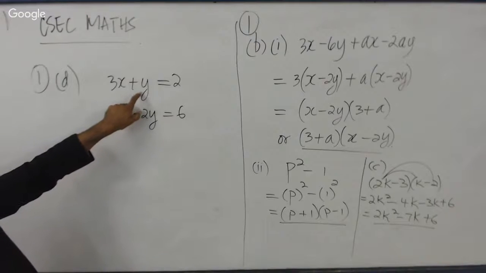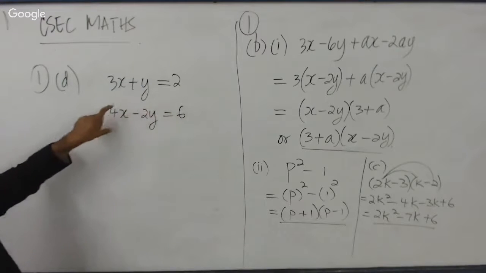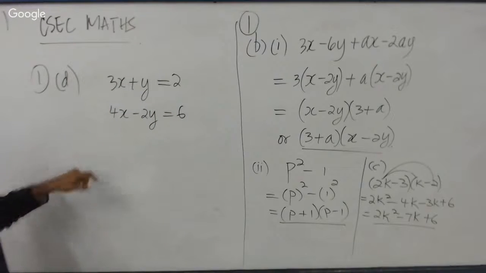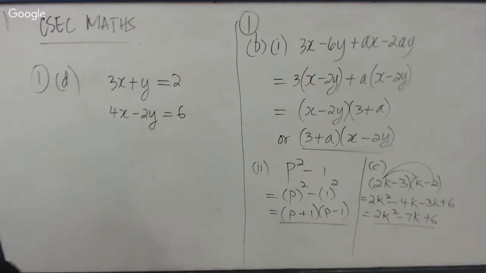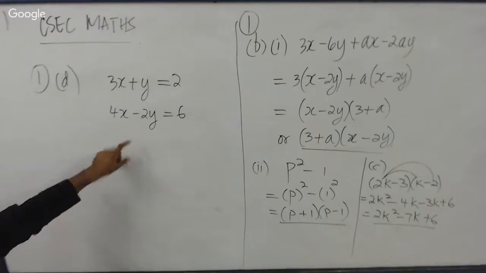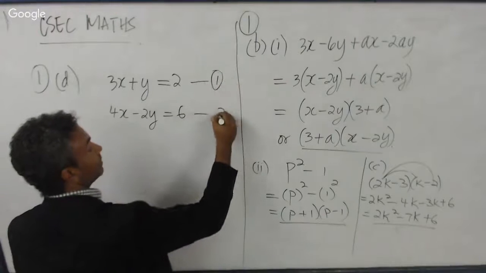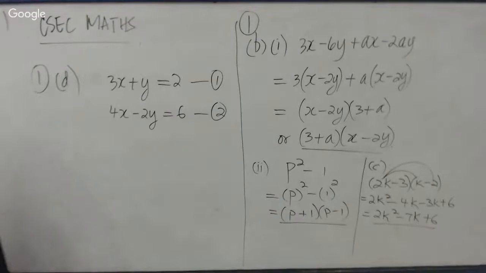Just imagine you made y the subject, then you get y equal minus 3x plus 2. So these are equations of straight lines. When you solve two equations simultaneously, the answer that you get, x and y, will represent where the lines meet. So really, what they're doing is asking you to solve these two simultaneously.